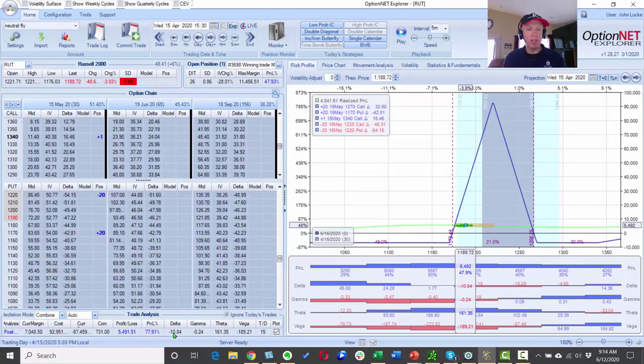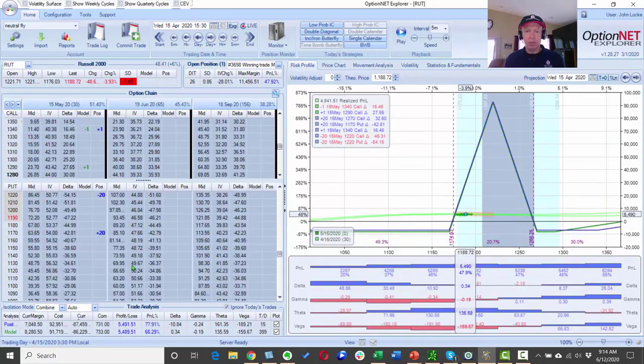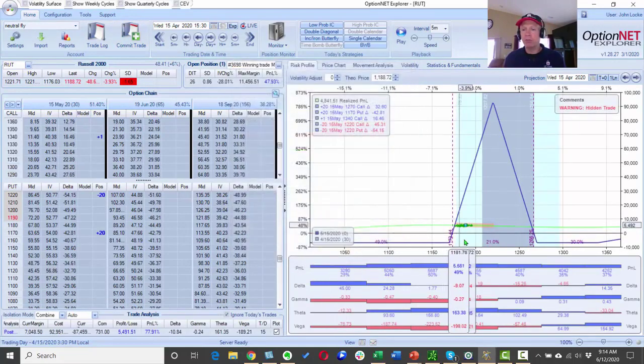It's not. That's telling me, my analytical model, I don't really want to let this get to negative delta here. So maybe I want to come in and just go back to neutral. And let me put one of those here. Okay, so now I'm back to neutral.